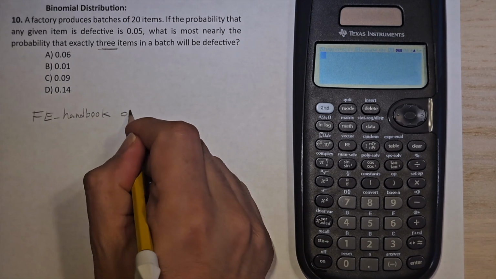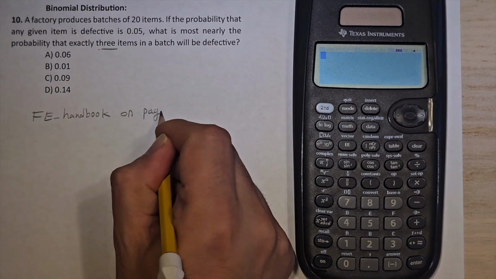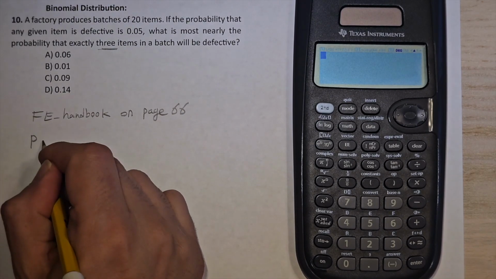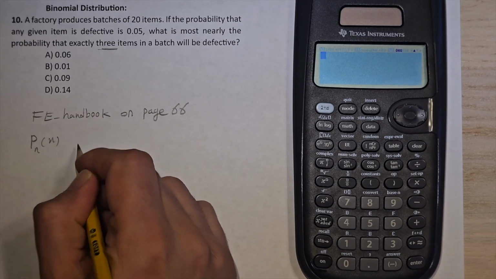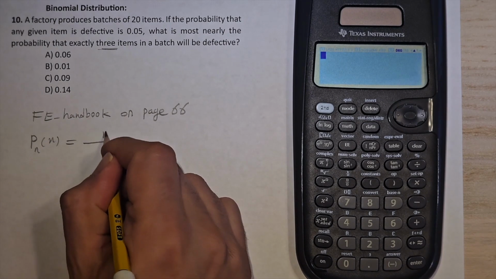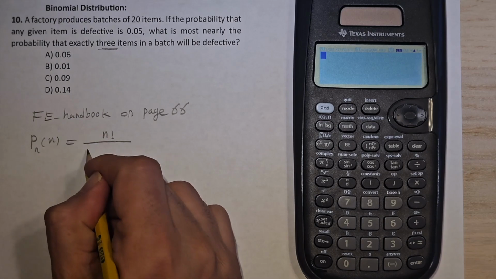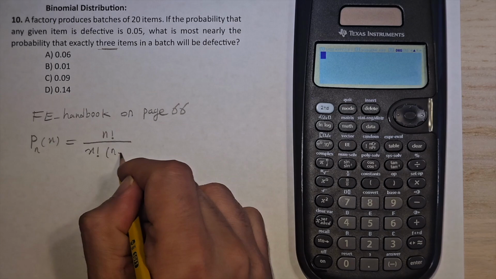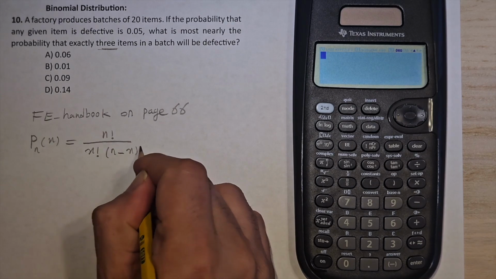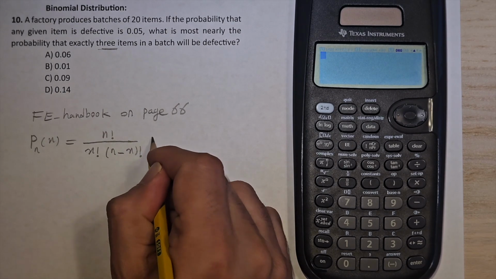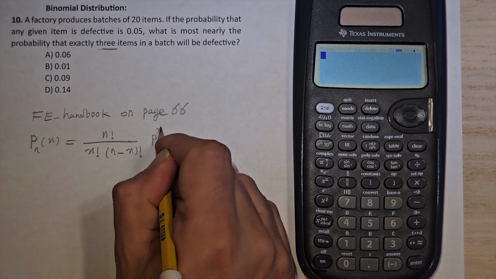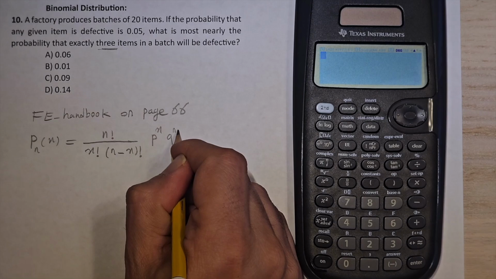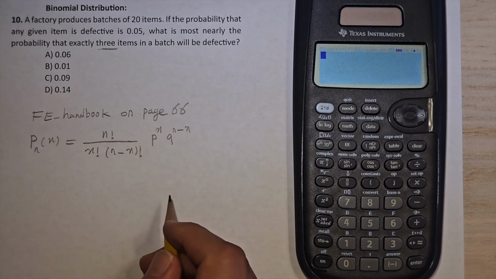on page 66: P(X = x) = n factorial over x factorial times (n minus x) factorial, times p to the x, q to the n minus x.